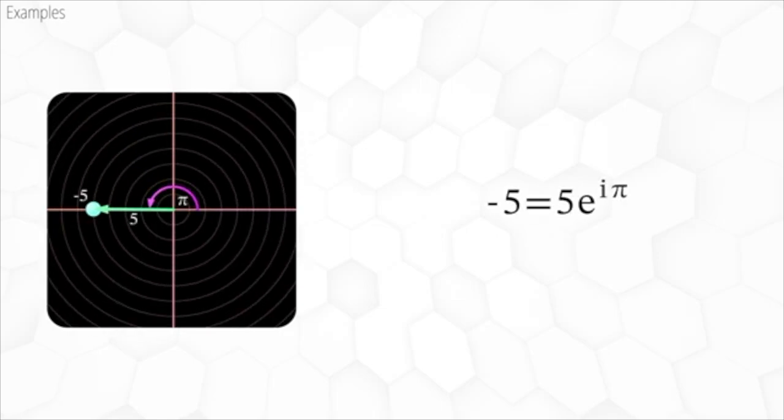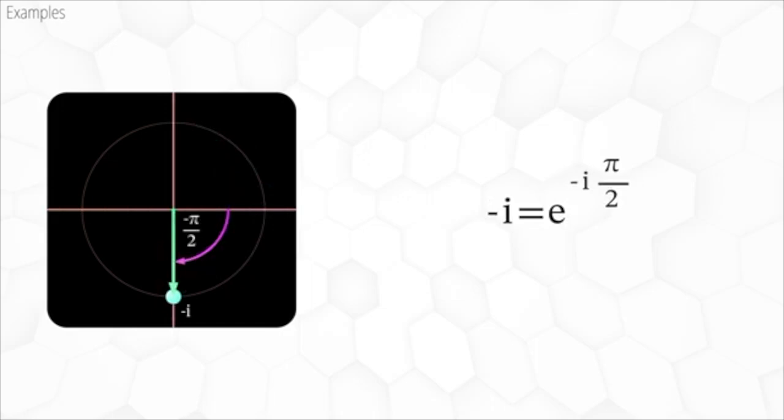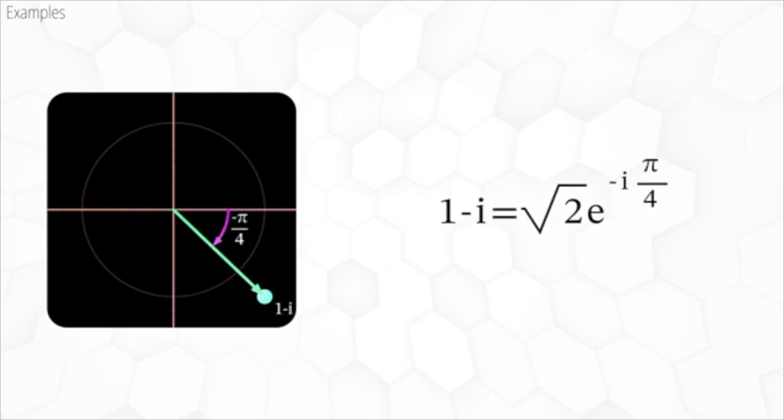Minus 5 equals 5 e to the i pi. i is equal to e to the i pi over 2. Minus i is equal to e to the minus i times pi over 2. 1 minus i is equal to the square root of 2, e to the minus i times pi on 4.